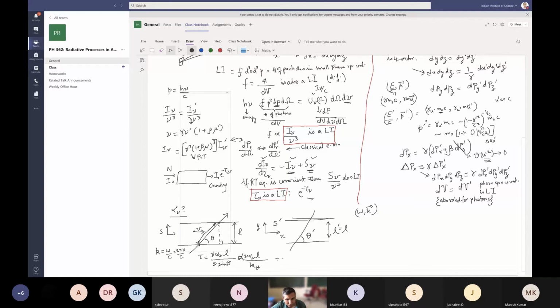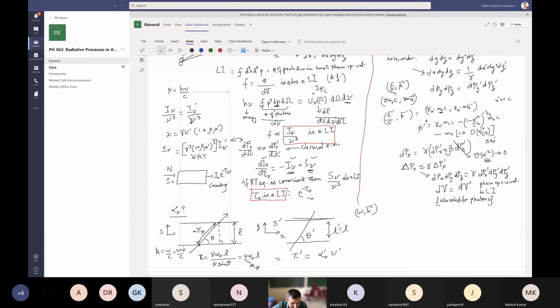And we also said that tau is a Lorentz invariant, so this is equal to tau prime. Sorry, I made a mistake.